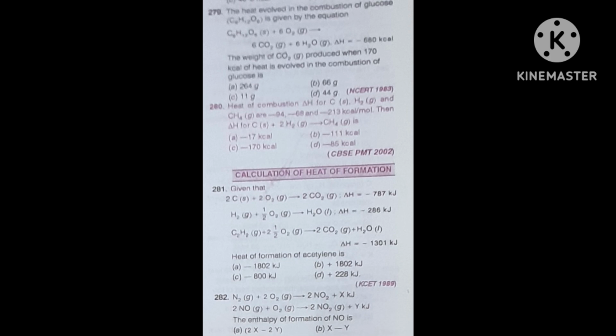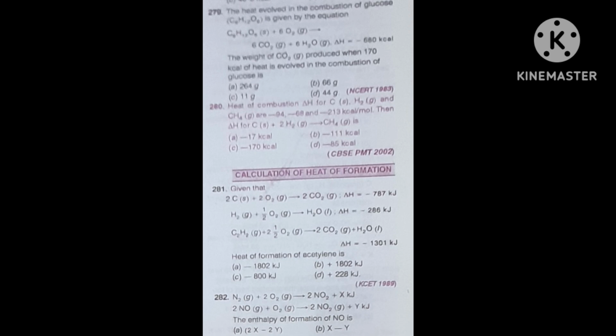The heats of combustion of carbon (solid), H2 gas and methane are minus 94, minus 68 and minus 213 kilocalorie per mole. Then what is ΔH for C solid plus 2H2 gas giving CH4 gas? This reaction is given.